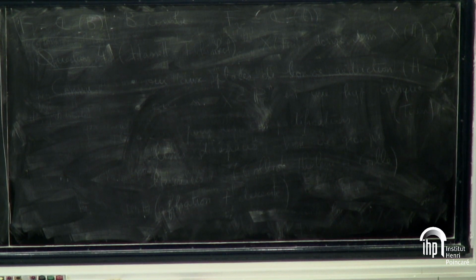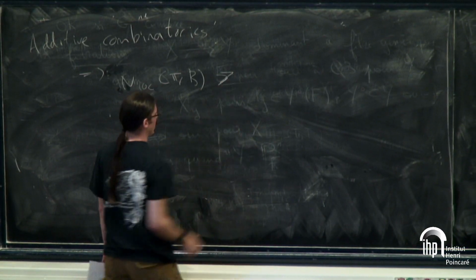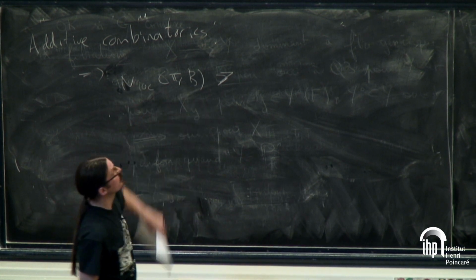So by the power of additive combinatorics, you find that this quantity up here, this sum of multiplicative functions, we get an asymptotic formula for the sum.